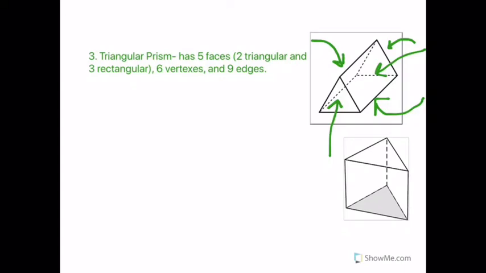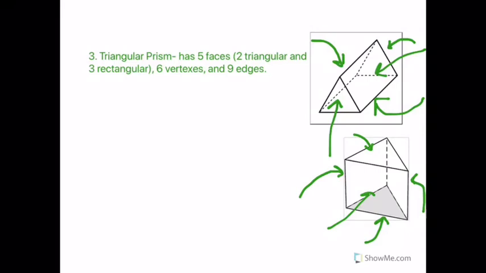Those are the rectangular faces. The one on the bottom here is just flipped. So the top and bottom are the triangular faces. And then this front, the back left, and the back right are the rectangular faces.